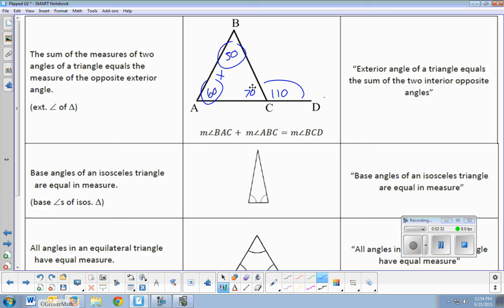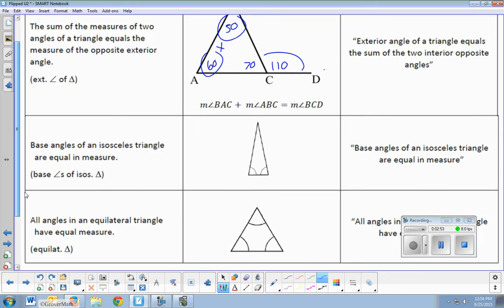If this plus this is 180, and this plus this is 180, then these two and this have to be the same, because 70 plus these is 180, and 70 plus this is 180. So these have to be the same as 110. So that's an important one. You'll see that in a lot of examples, so we'll talk about that one a lot.